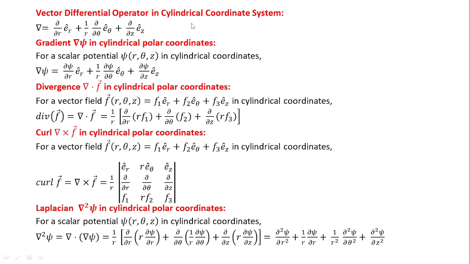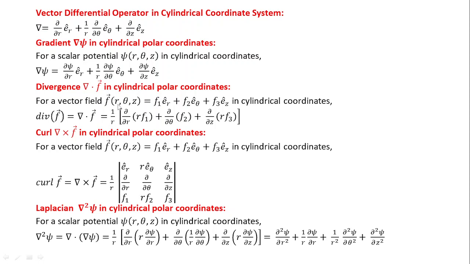In the cylindrical system, the vector differential operator is defined as del is equal to dou by dou r Er plus 1 by r dou by dou theta E theta plus dou by dou z Ez. With this vector differential operator, the gradient of a scalar point function psi of r, theta, z can be calculated by this formula.